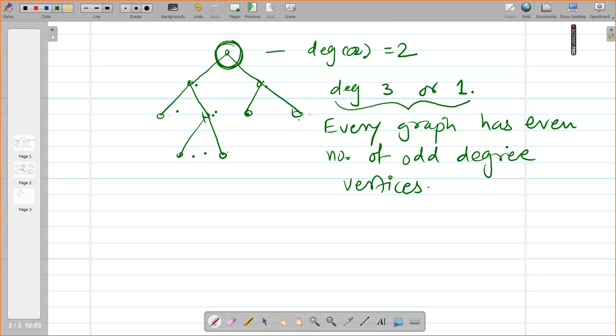So degree 3 or degree 1 के vertices अगर उस tree में हैं, तो how many they will be in number? They will be even in number, no? And plus this degree 2 ka. So even vertices plus 1 vertex will give you what?